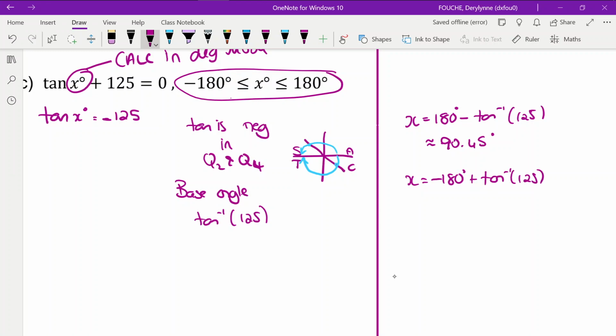Oh no, not negative 180. I apologize. It's in this quadrant over here, so it will be 0 minus inverse tan of 125. So that will be negative 89.54 degrees.